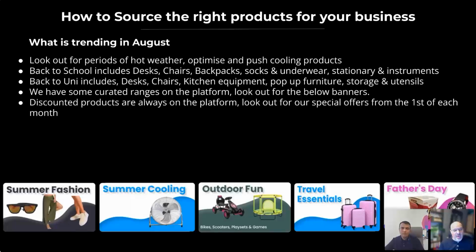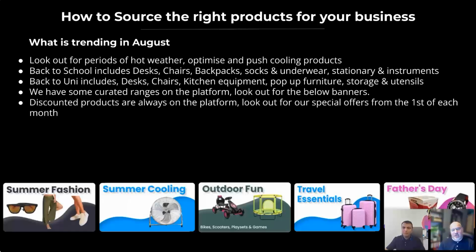And then we've got some other ones on there at the moment, like summer fashions, outdoor fun, travel essentials. Father's Day's just passed, so apologies, that's left on there. But Father's Day will be replaced by something else. It'll always be there on the platform, so you'll be able to search for products suitable for fathers and dads, but we just move it to the back of the list and put more seasonally correct banners on the homepage.